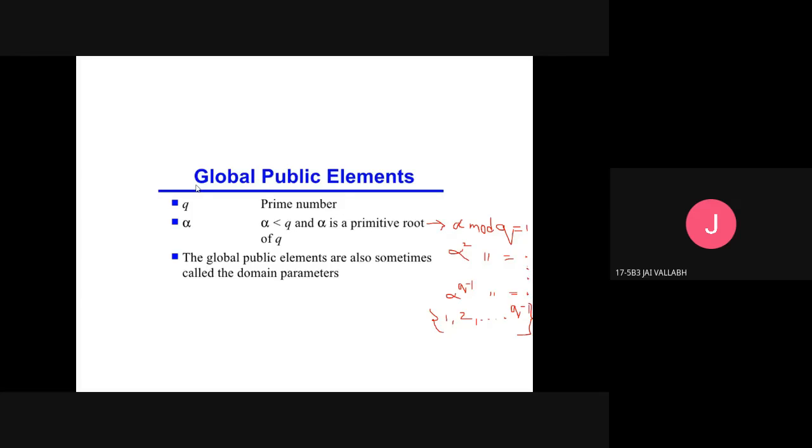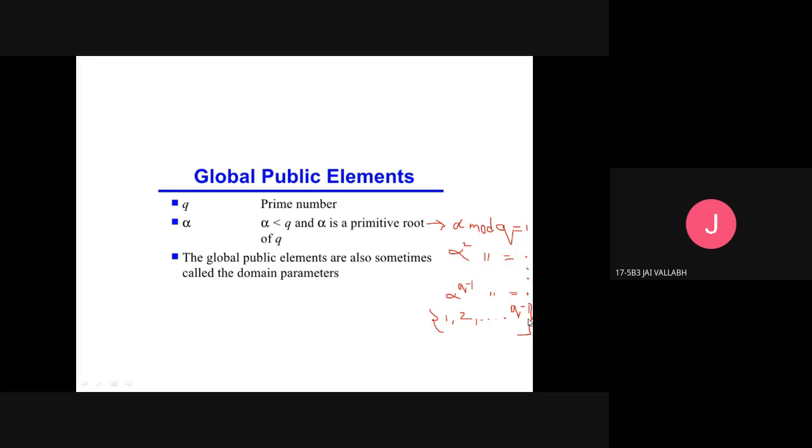As marked in red color, you can see alpha mod q, alpha square mod q. So we'll be finding all the values of alpha mod q, alpha square mod q, likewise up to alpha power q minus 1 mod q. And these values must lie in the range of 1 to q minus 1.